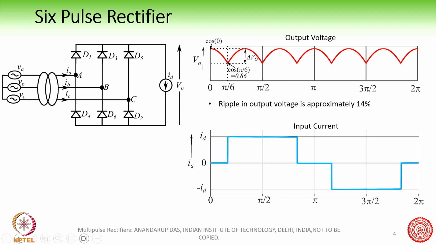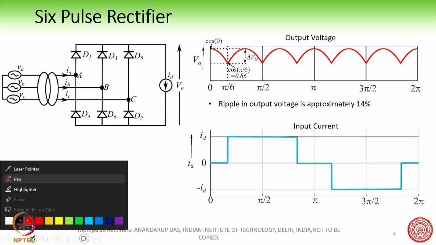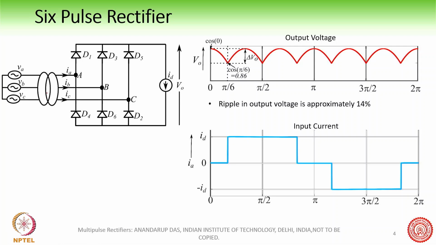If you see the output voltage profile of this converter, we have drawn the diagram of this 6 pulse rectifier. Here you can see the grid, then the transformer, and then the 6 pulse or bridge rectifier. I have used a constant current load, a heavy inductor at the output, to emulate a motor load.